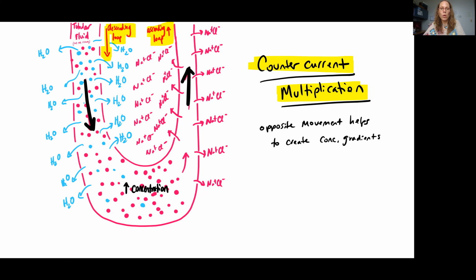Right? So you're creating a hypertonic peritubular fluid, which is going to pull water into that peritubular fluid. So we're enhancing the pull of water from the descending loop because we have super concentrated the peritubular fluid with the movement of sodium chloride out of the ascending loop.